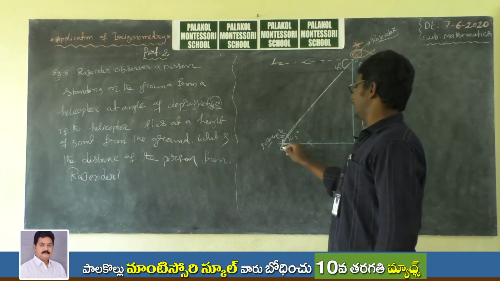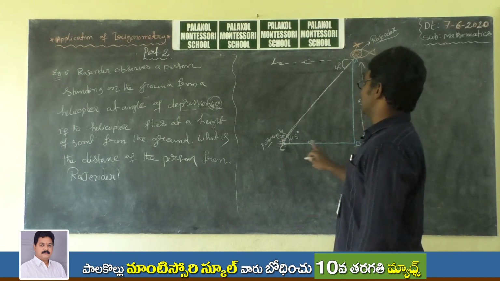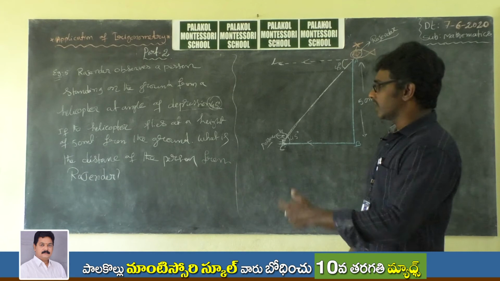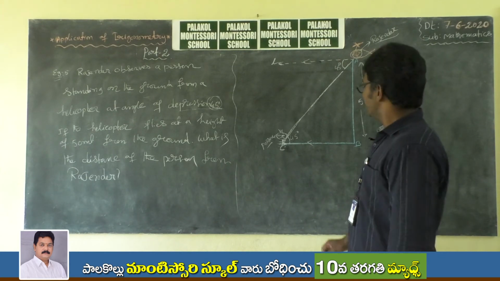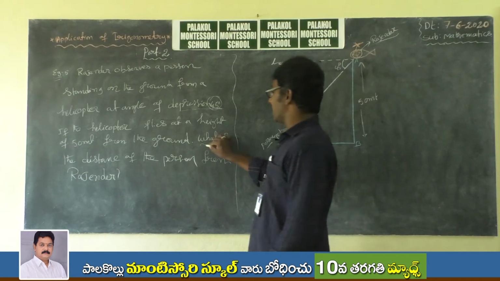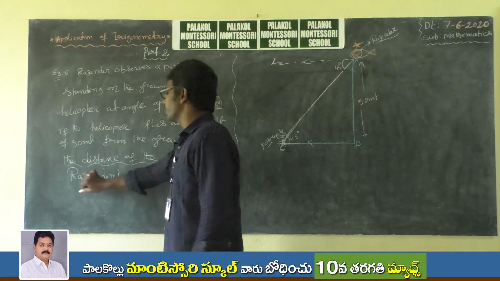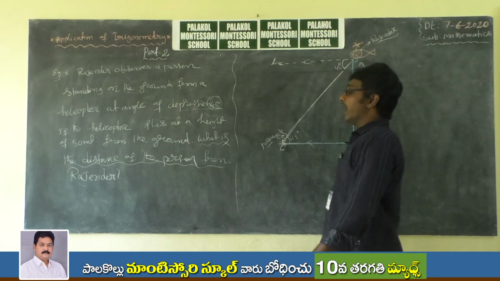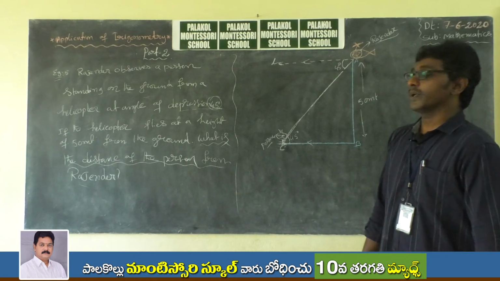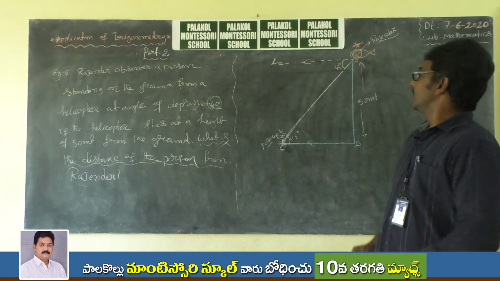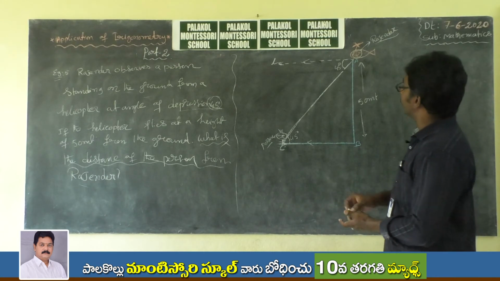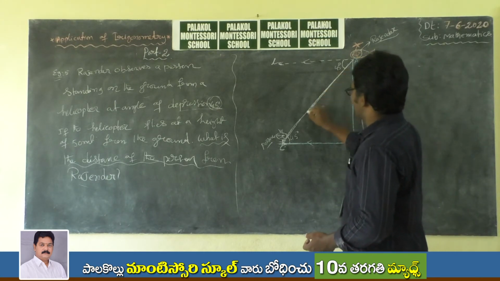The distance between the foot of this ground point and this one, leave it, it's not given. But you find out the distance of the person from Rajendra. You observe indirectly to find out this distance.